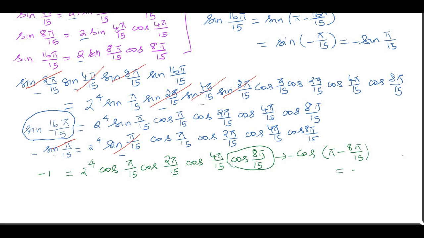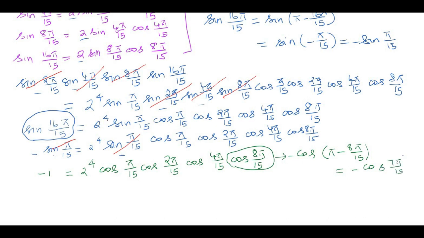Therefore, this is minus cos 7 pi by 15. Therefore, this minus 1 is equal to 2 power 4 cos pi by 15, cos 2 pi by 15, and for this cos 8 pi by 15 only, we said you can write as minus cos 7 pi by 15.